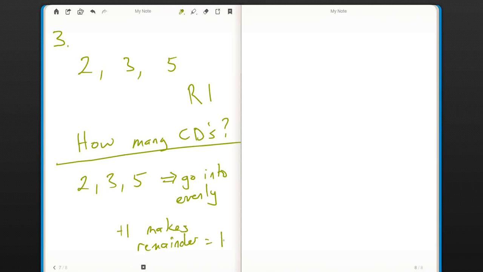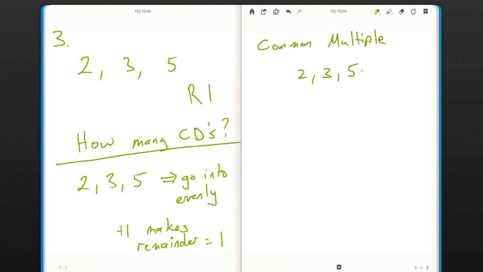Right? So what is a common multiple of 2 and 3 and 5? Since 2, 3, and 5 don't have any common factors, I just multiply those together and I come up with 30.